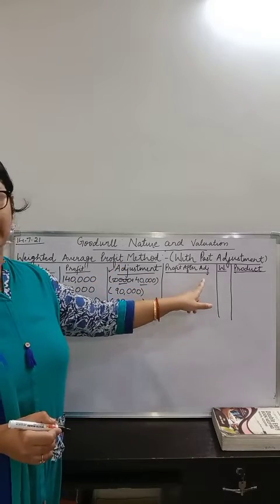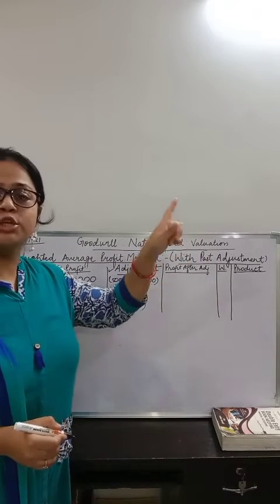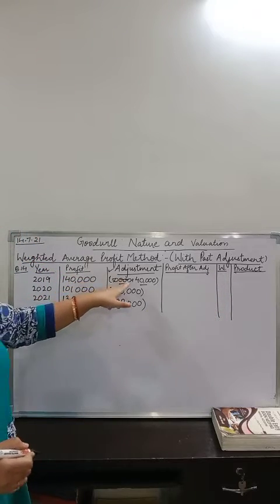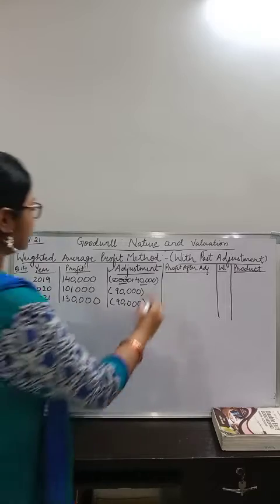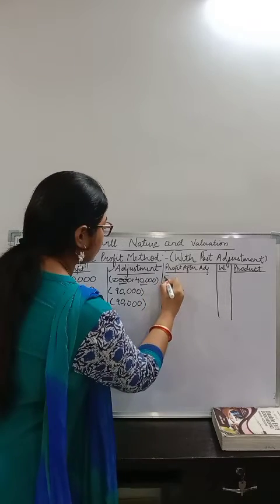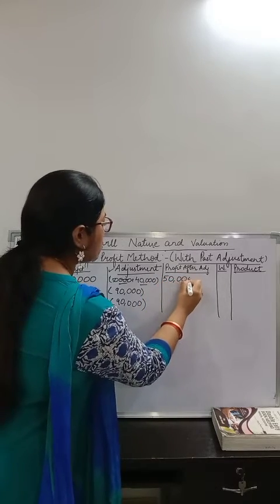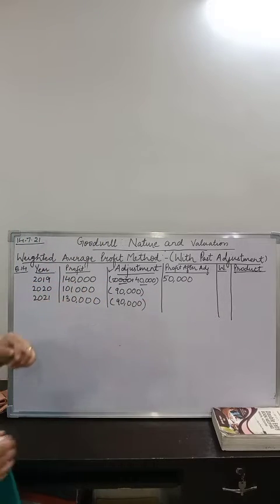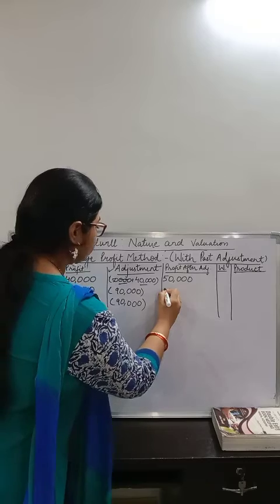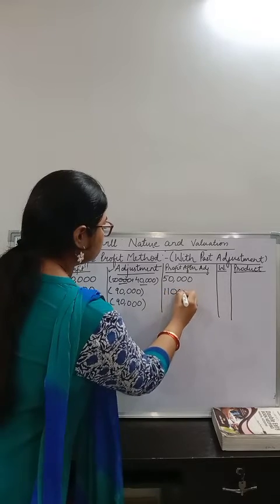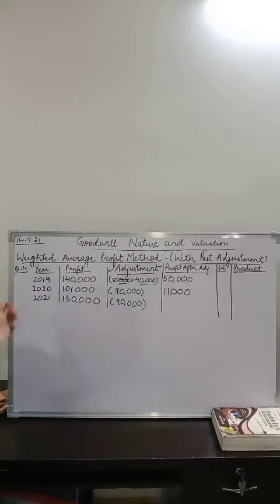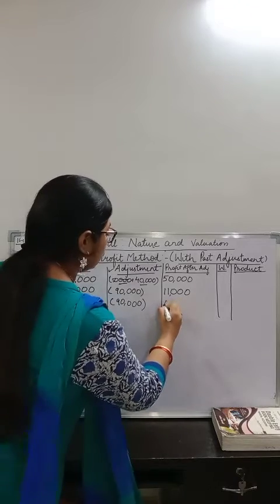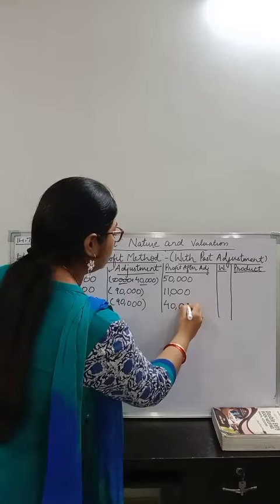Now let us find out the actual profit which should have been taken by Raman and Daman. 1,40,000 minus 90,000 will be 50,000. 1,01,000 minus 90,000 will be 11,000, and 1,30,000 minus 90,000 will be 40,000.